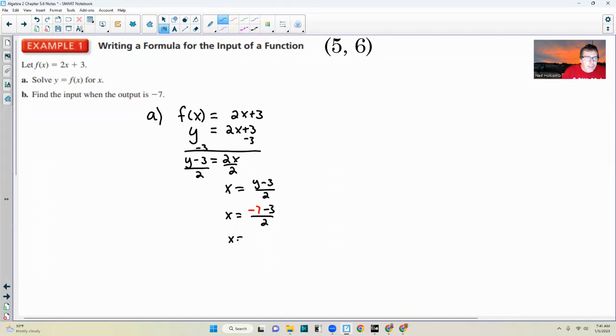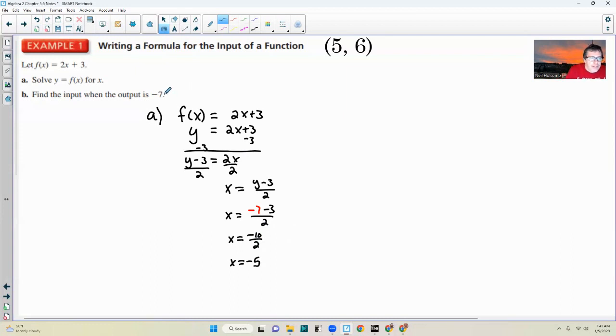So then x is going to equal -10 over 2. And that simplifies to -5. Okay, so the input is -5 when the output was -7.